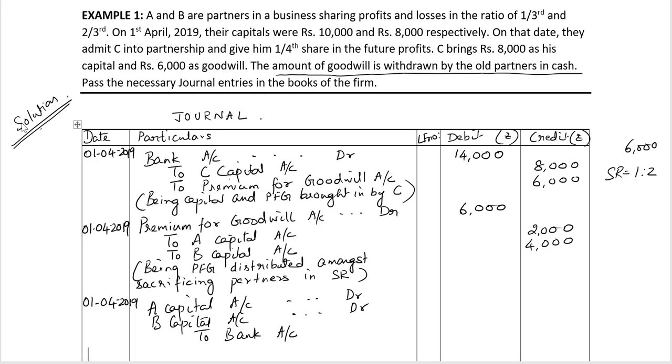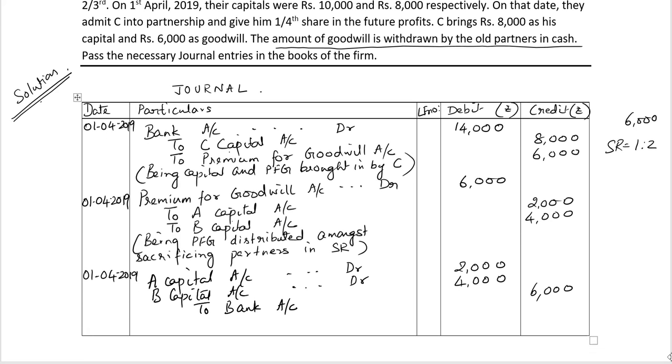Both of them withdraw their full amounts. A withdraws rupees 2000, B withdraws rupees 4000, and totally 6000 goes away from the firm. Narration being PFG fully withdrawn by sacrificing partners.